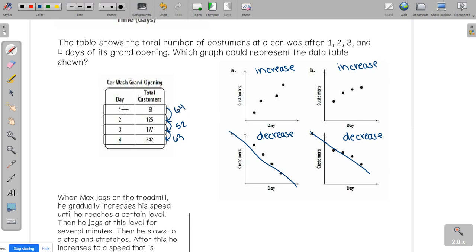So between day 1 and 2 and day 3 and 4 should be about the same amount in between each dot. Here, 1 and 2 and 3 and 4 should be about the same, but this part and this part aren't about the same. There's a difference there, so the best option is A.